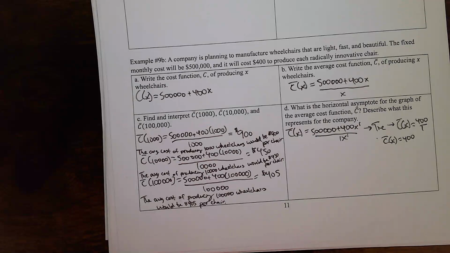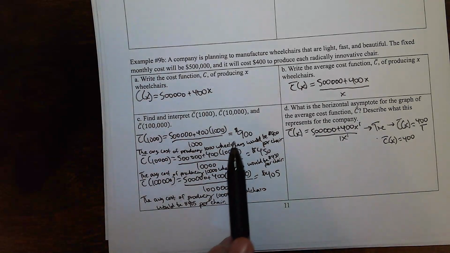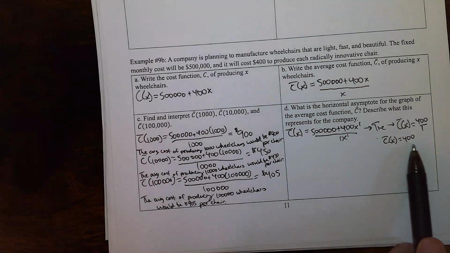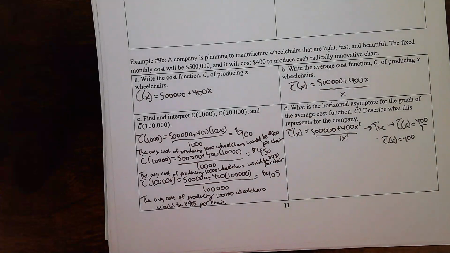So basically, the more wheelchairs you produce, the average cost for producing those wheelchairs approaches $400.